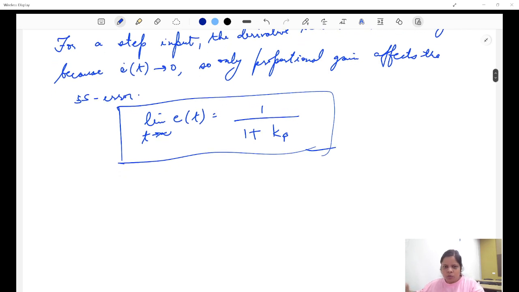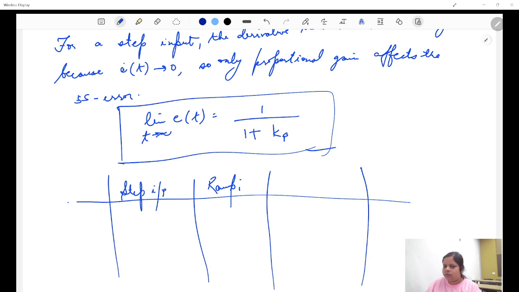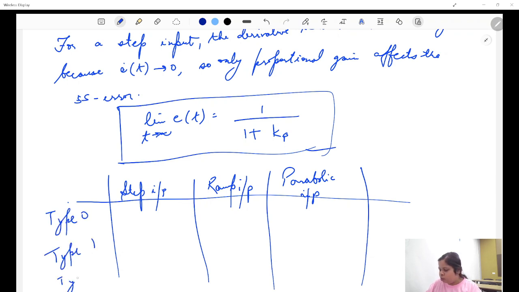So when you see the table, what actually is there? Step input, ramp input, and parabolic input. We also call it acceleration input. All of them are here. Here it is type 0 system, type 1 system, type 2 system.